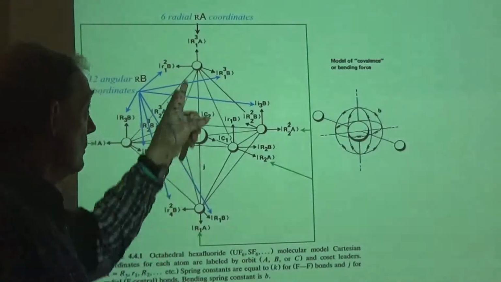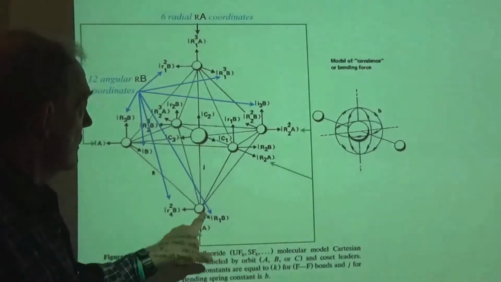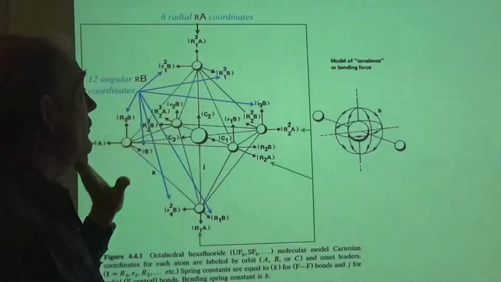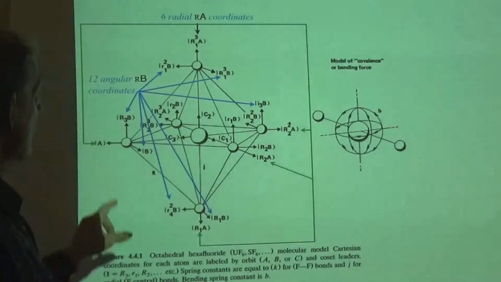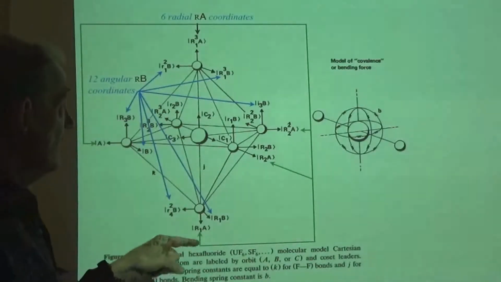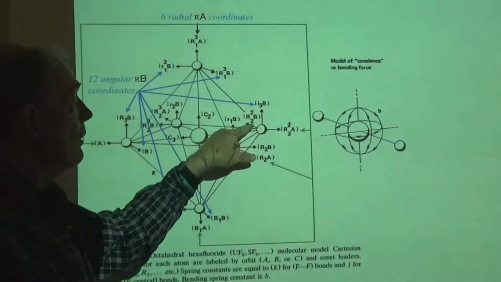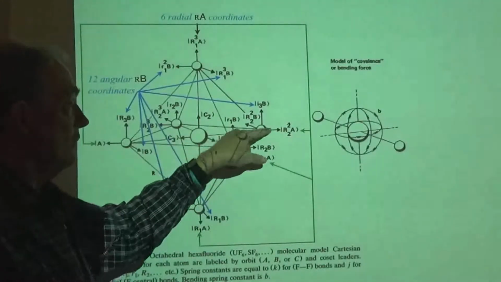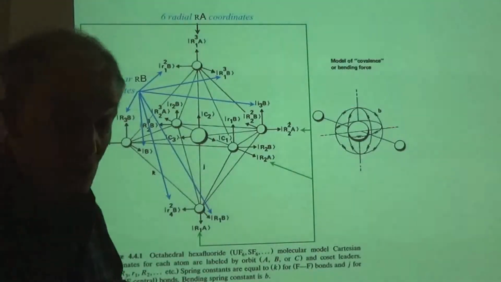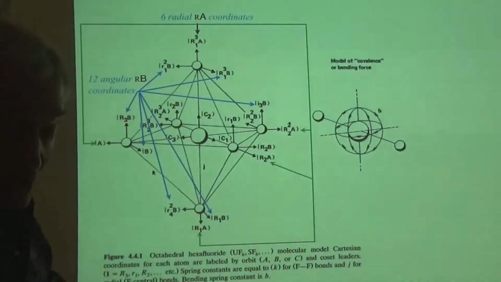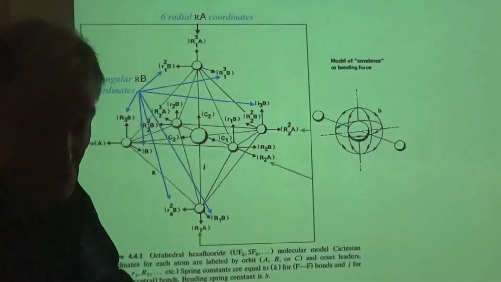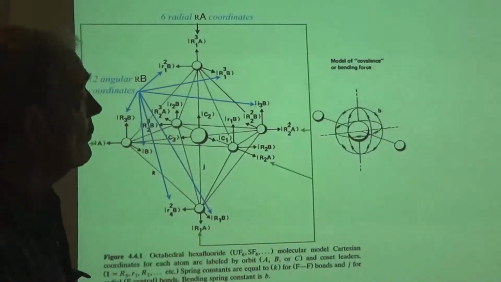Now, in addition to the radial coordinates indicated by the green arrows and lines, there are angular coordinates, twice as many of those. Okay, so there's 12 angular coordinates, and I haven't pointed out all 12 of them, but anything that's indicating motion perpendicular to the axis, the 4-fold symmetry axis, has 2 coordinates labeled by a more or less arbitrary choice of group elements, because there's a lot of subgroups and cosets.